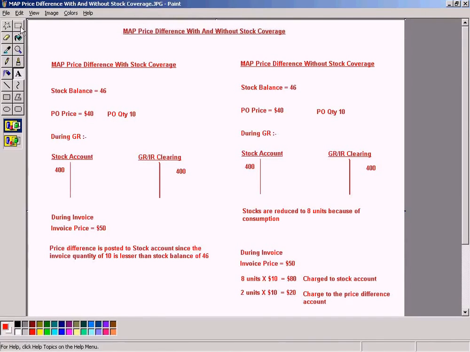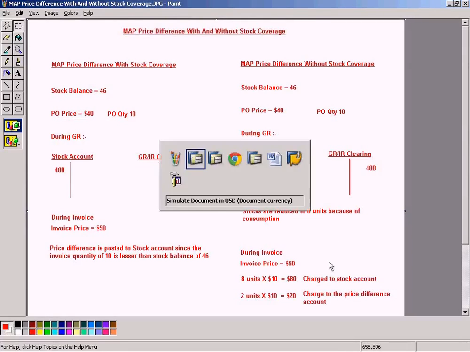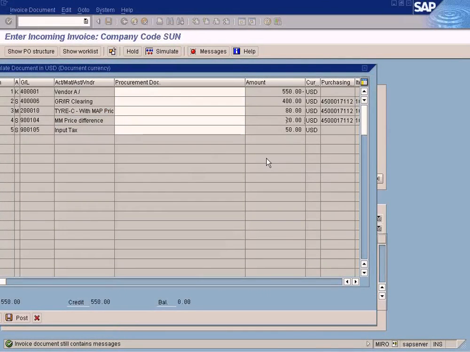Charge to the price difference. Okay. Is this correct?